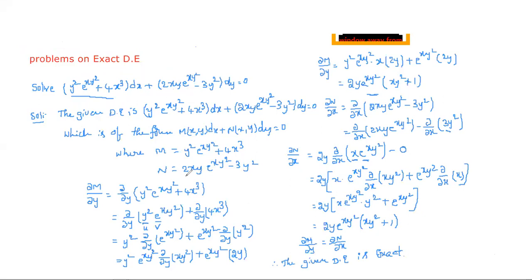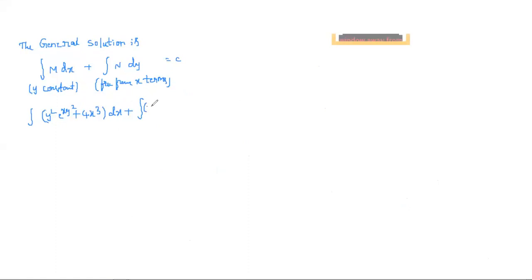We said here n is nothing but 2xy e power xy square minus 3y square. Here, if you observe, this term consists of x, so we should not take this term, and without having x, which term do we have? Only minus 3y square. So we have to choose here only minus 3y square, minus 3y square dy is equal to c.